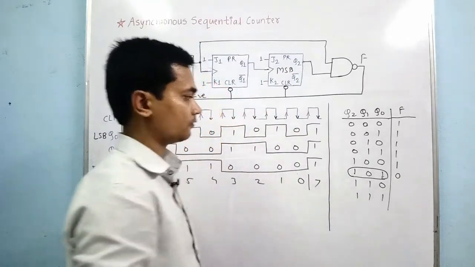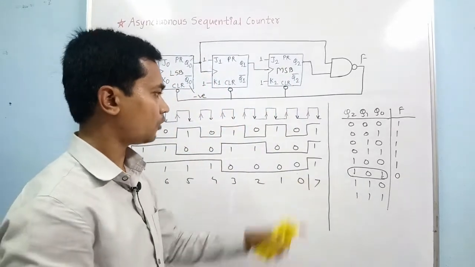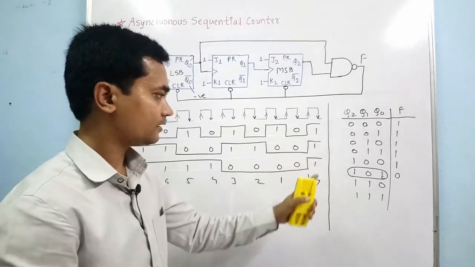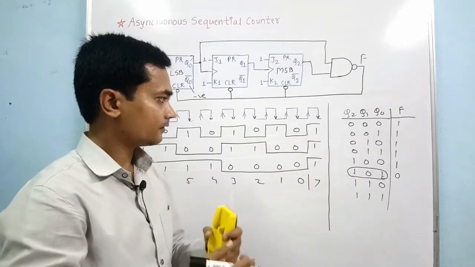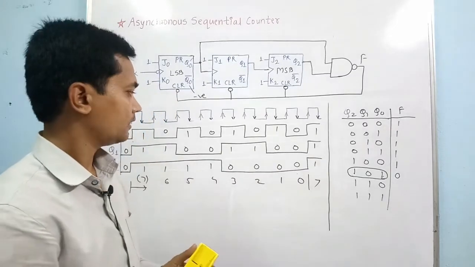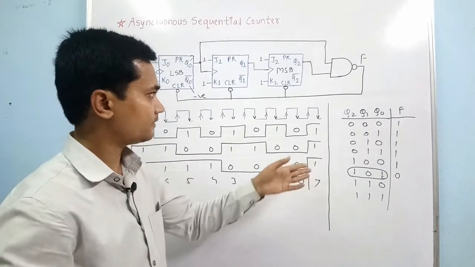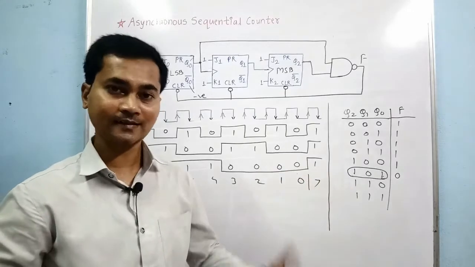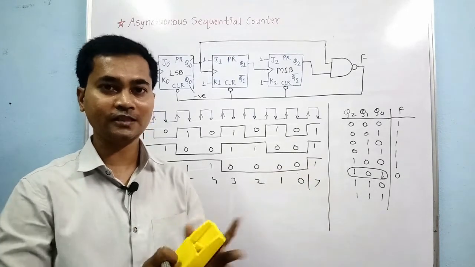Now I hope you understood this mod 5 counter, because we are taking only 5 different combinations. Now if I tell you to change this mod 5 counter to a mod 6 counter, where will you change it?